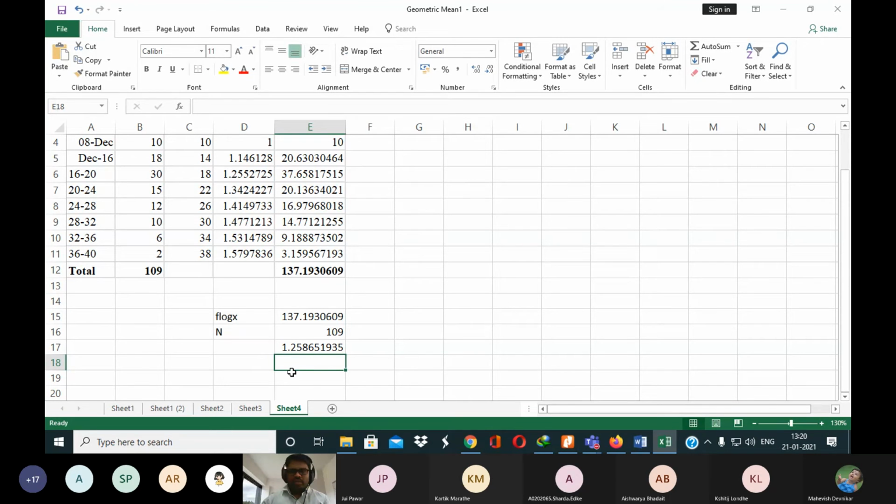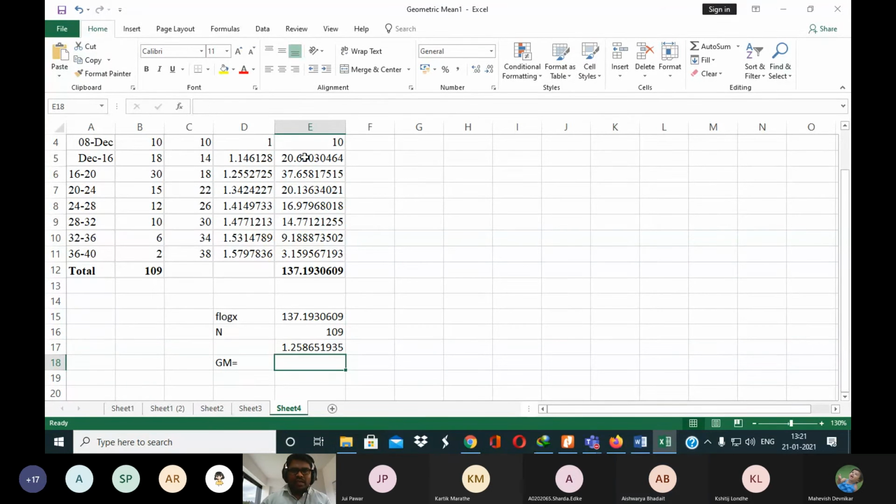So this is the value, 1.2586. Now you need to calculate the anti-log of this number. 1.1. No, it will be 1.8138, sir.